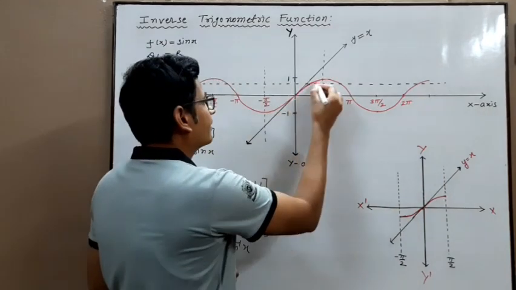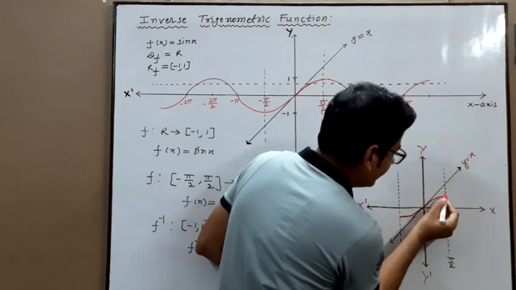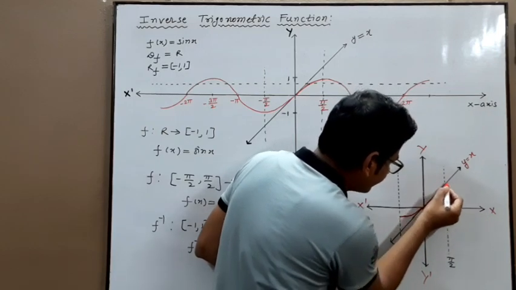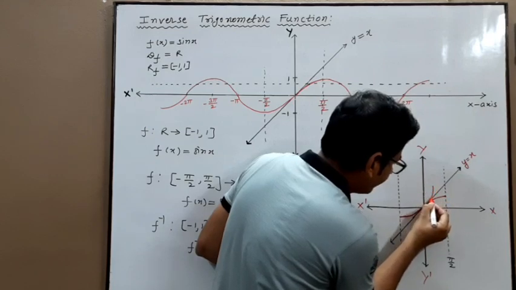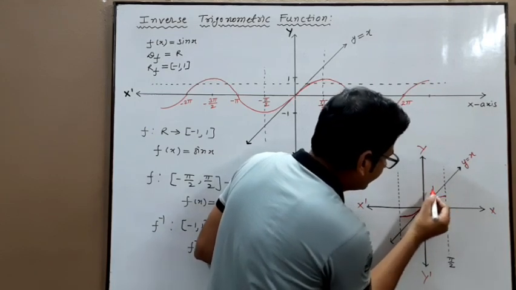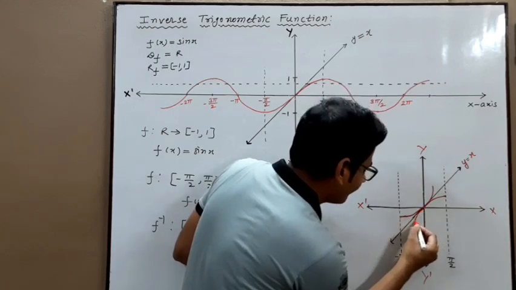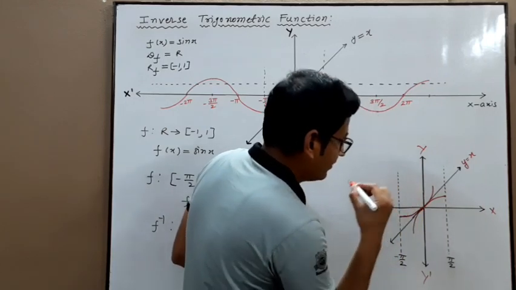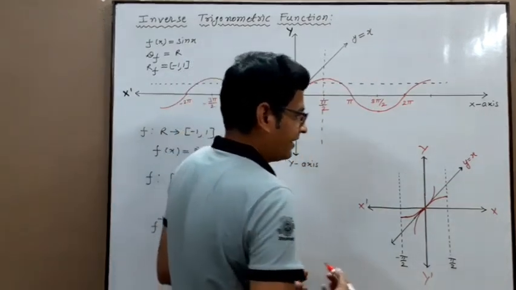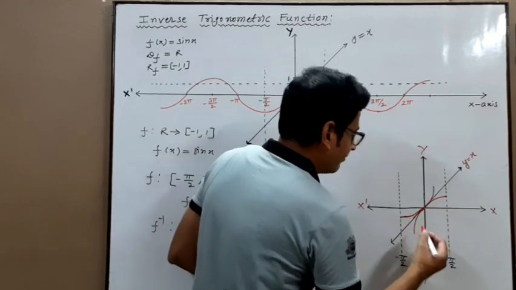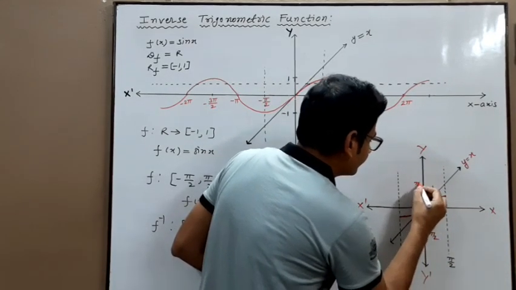This point lies here, then its mirror image lies on the other side. This curve, in the mirror, we can see in this way. So this is the graph of sin inverse x, and it lies between -π/2 to π/2.